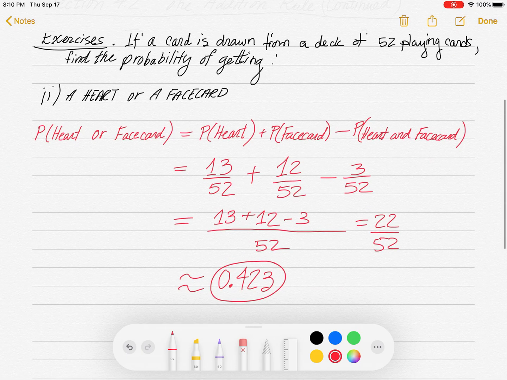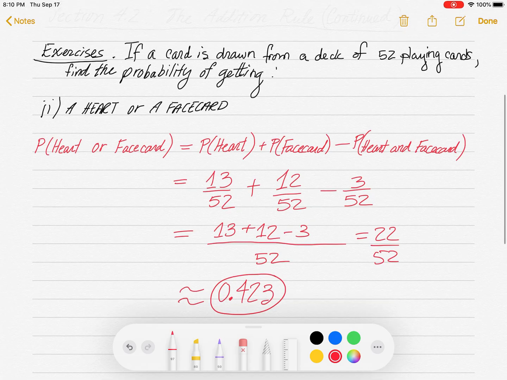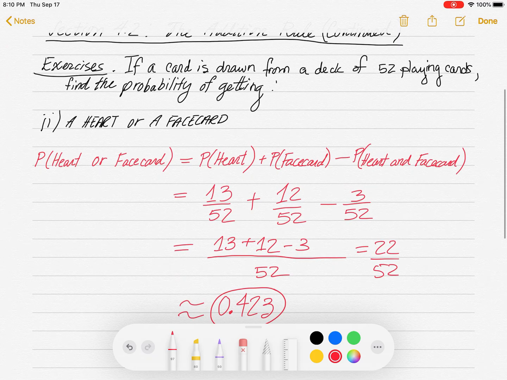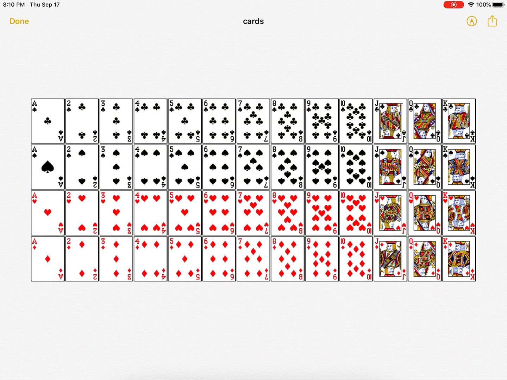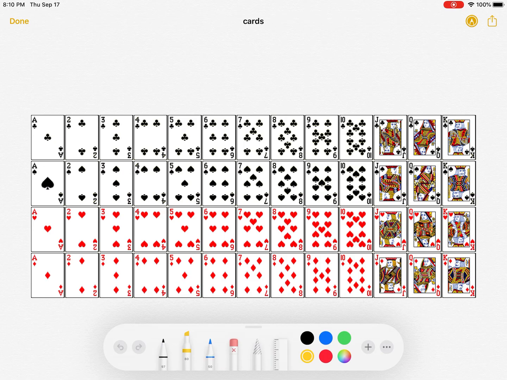The other way to do that, without using the addition rule, is to just count up those cards that are hearts or face cards. First I find all the cards that are hearts right here. There are 13 of those. And then to that I add the additional face cards, these and these.